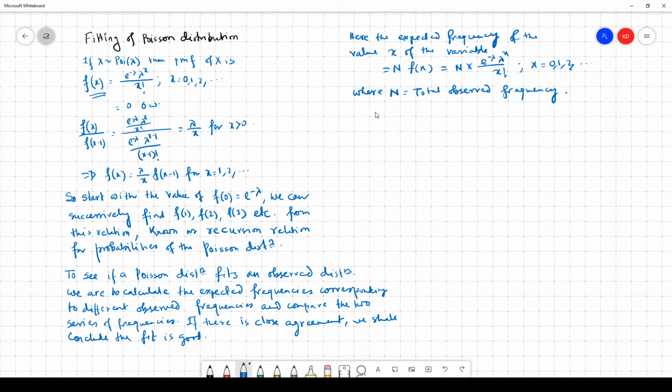The computation of the probabilities becomes easy if we use the recursion relation for probabilities.